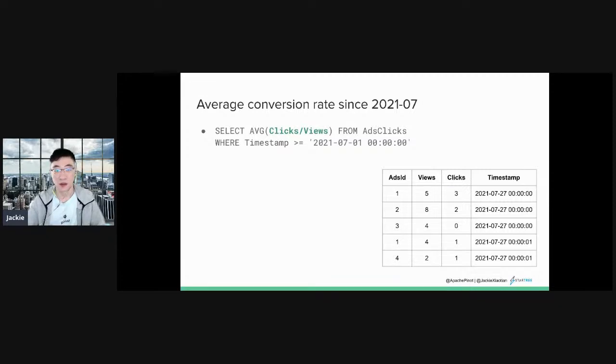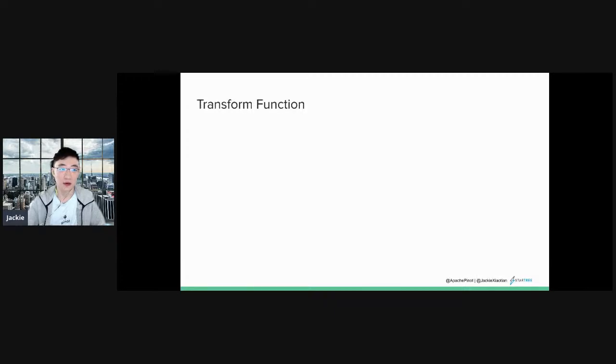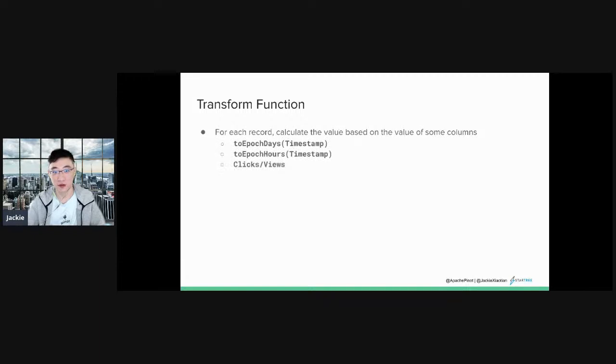As we can see in these 2 query examples, I need to do something called transform function. What is a transform function? A transform function is basically, for each record, we calculate the value based on the value of some columns. Here are the examples shown in the above queries.